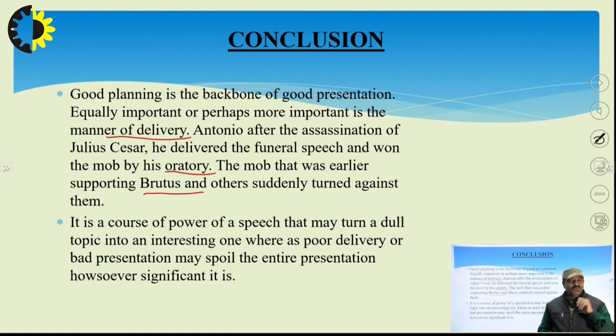So many things are noticed. Whether the audience is male only, female only, or both male and female, all these things are counted. Their age range, their gender, to whom you are communicating. If you keep all this in your mind, certainly your presentation will be successful and effective.